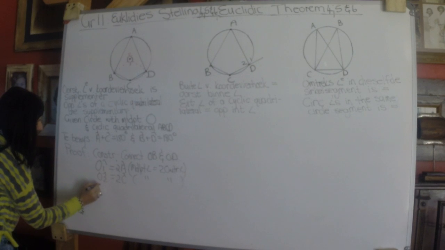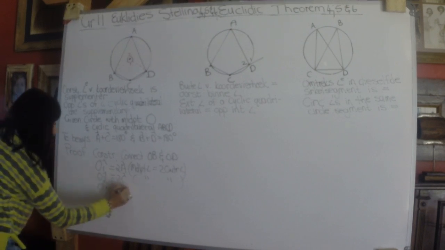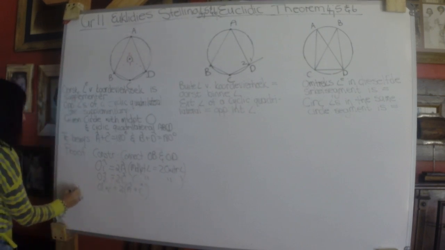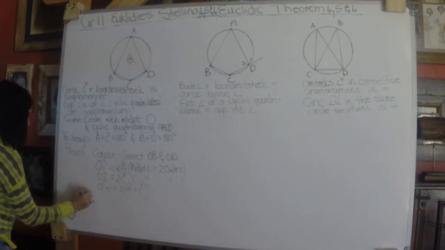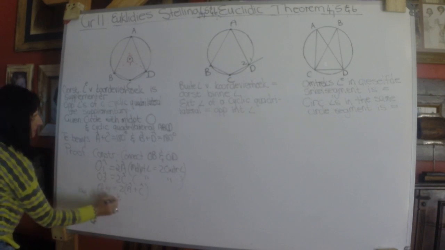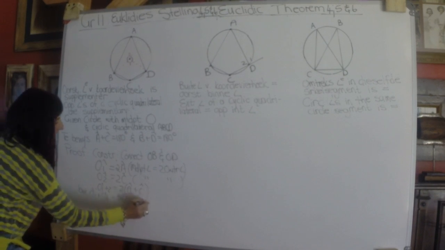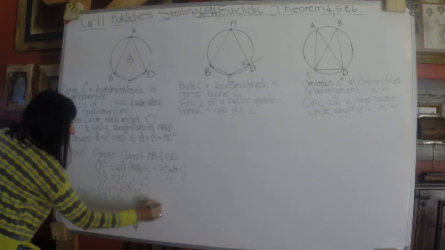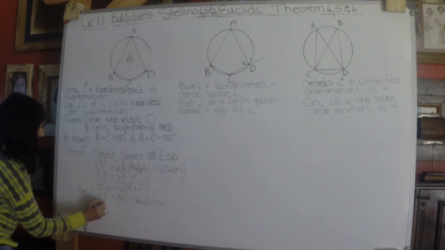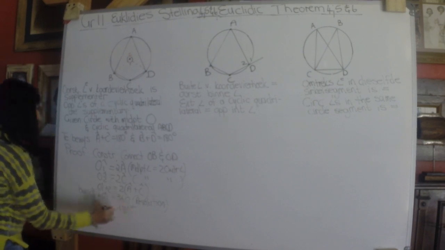So therefore, O1 plus O2 is going to be 2A plus 2C. But O1 plus O2 equals 360 degrees because that's a revolution, a omwenteling. And therefore, angle A plus angle C is going to be half of that, so that's going to be 180 degrees.